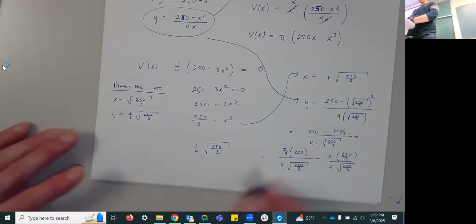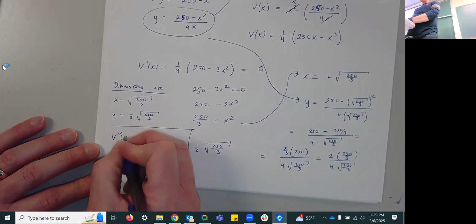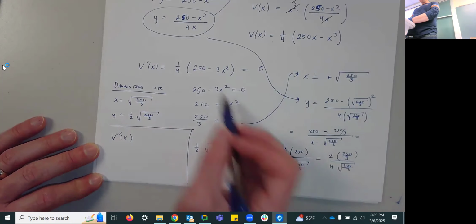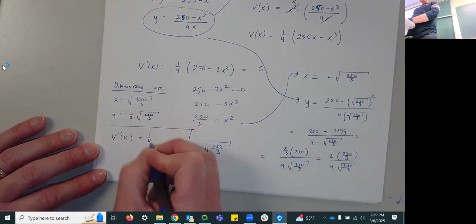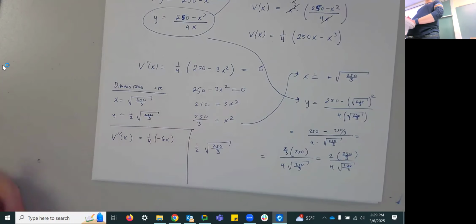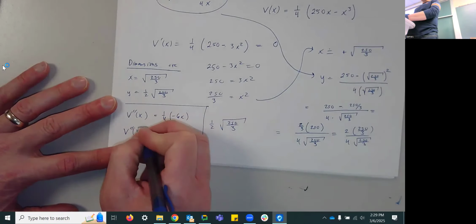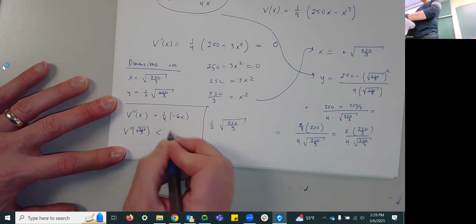So if we look at the second derivative, v double prime, my second derivative is going to be 1/4 times negative 6x. And no matter what positive number I plug in for x, in this case my critical value, v double prime of the square root of 250 over 3, I'm going to plug that in and it's going to be negative.